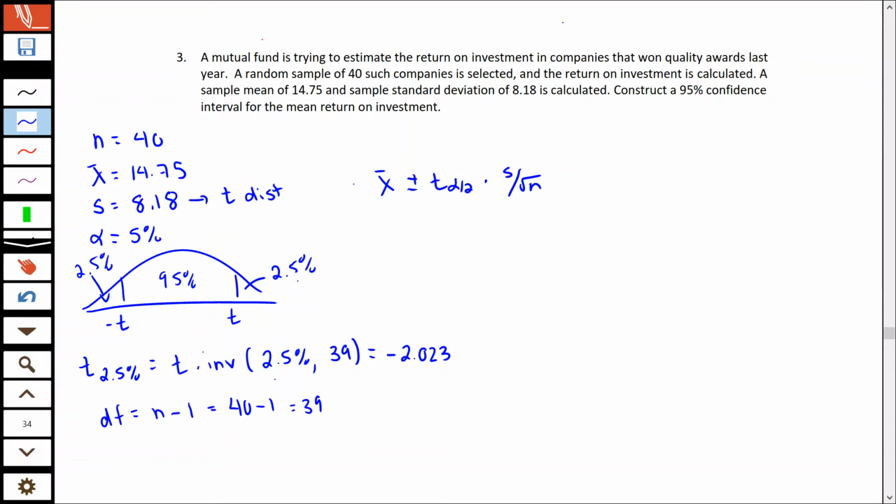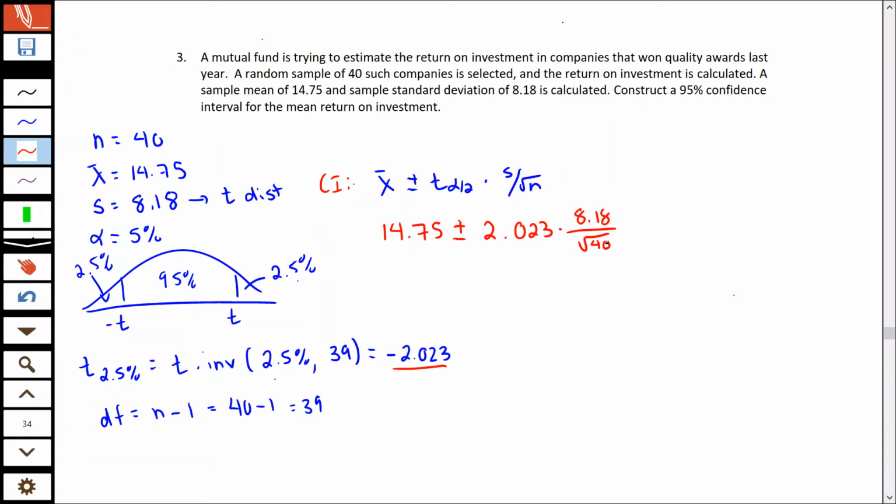And so from there, we're just going to plug into our confidence interval formula, right? We're going to take that mean of 14.75 plus or minus the t-value we just found of 2.023 times the standard deviation, 8.18, divided by the square root of our sample size, and we looked at 40 items here.